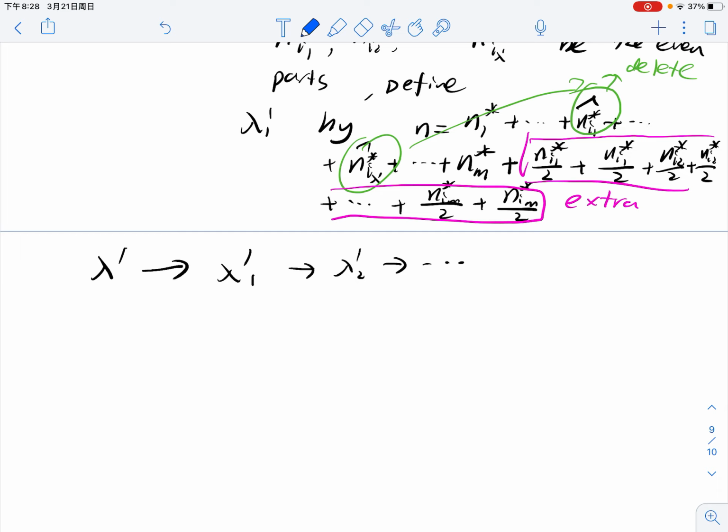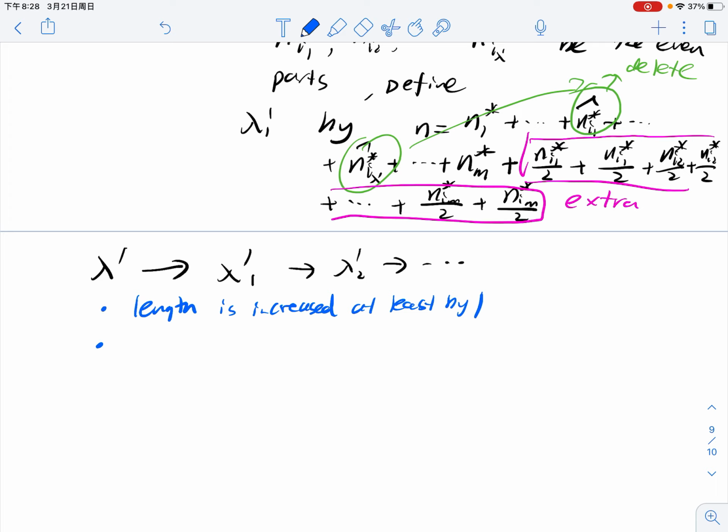Recall in the first construction, we use a length to control it. And in the second step, we also use the length, but now the length is increased at least by 1 each step.